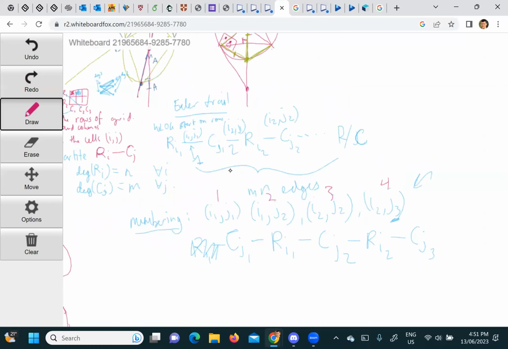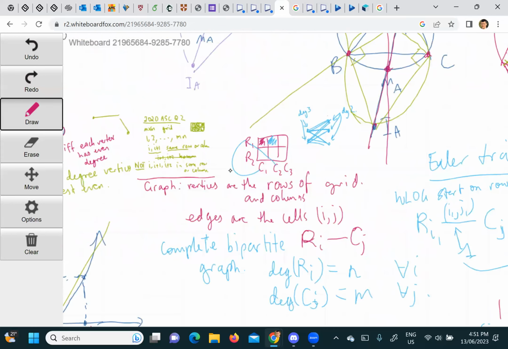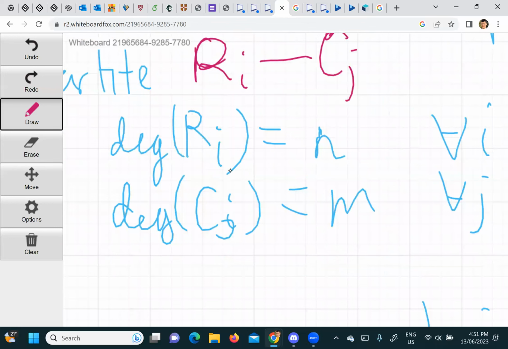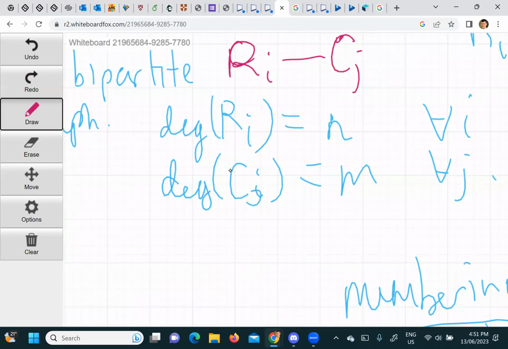Okay. So remember, we know the degrees. The degrees of all the vertices are m and n, right? So if they're both even, then we know by the theorem there's an Euler circuit, and you're good. That there's a numbering. But what if one of them's odd?